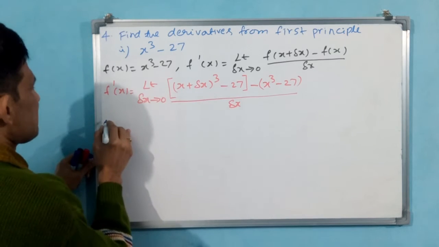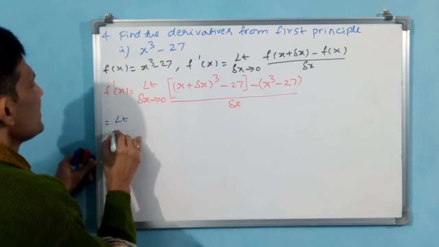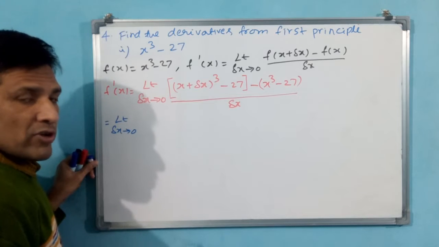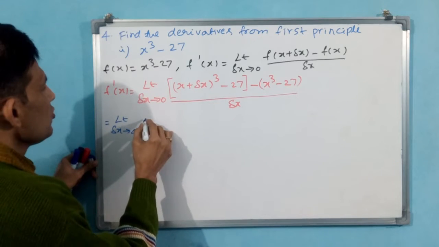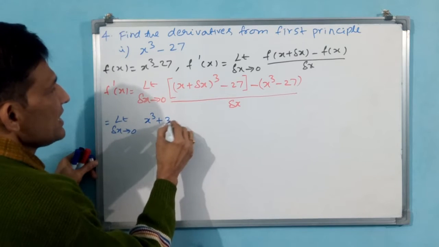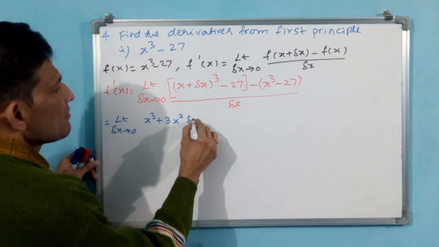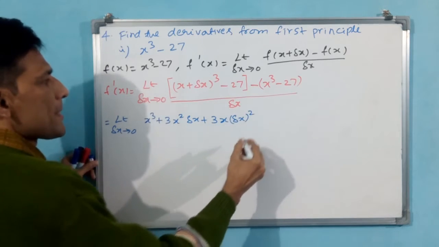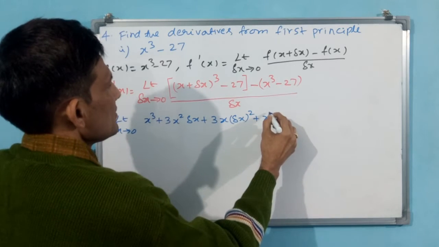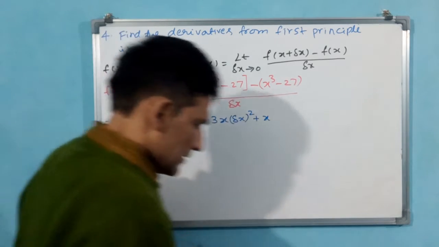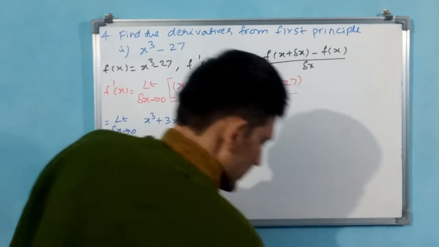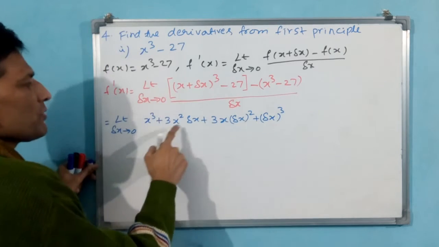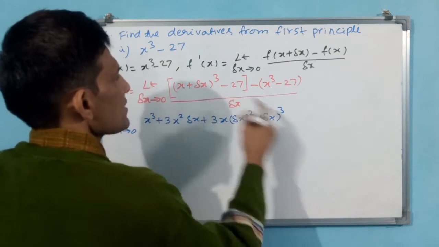You have to expand. That is equal to limit delta x tends to 0. A plus b whole cube is a cube plus 3a square b plus 3ab square plus b cube, with a as x and b as delta x. So x cube plus 3x square delta x plus 3x delta x square plus delta x cube minus 27.